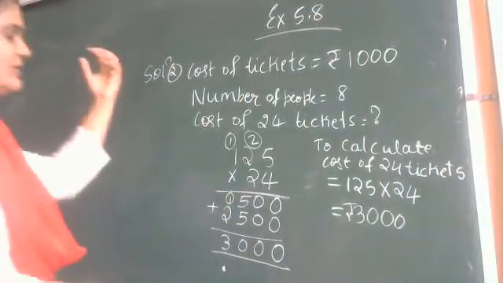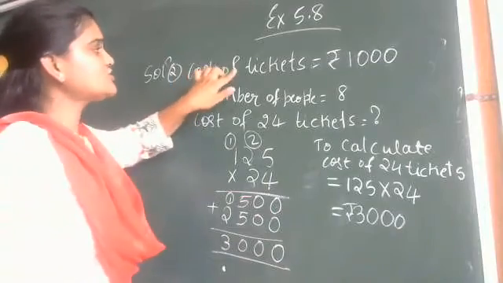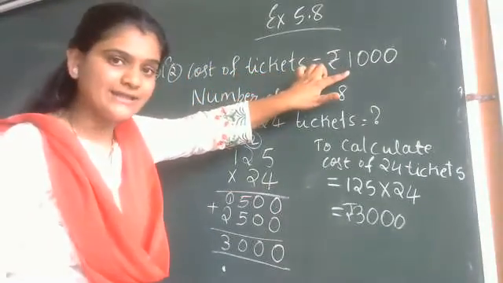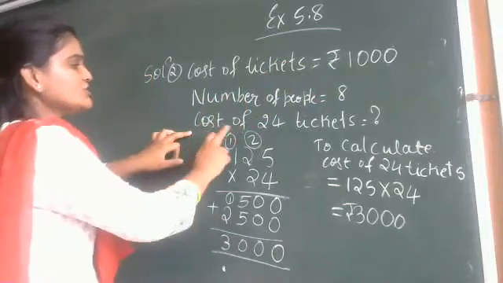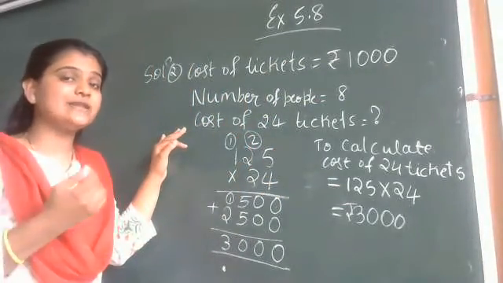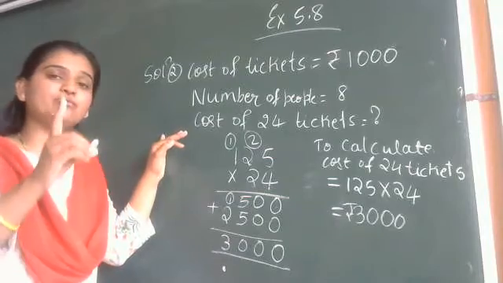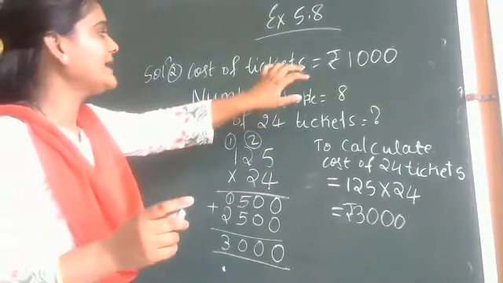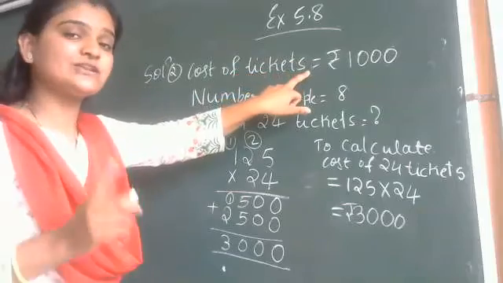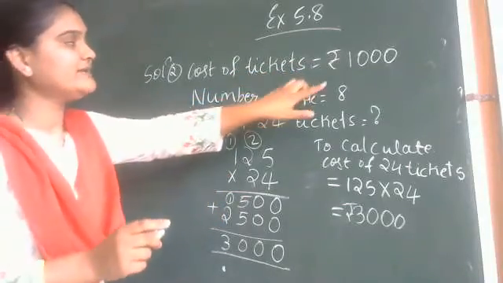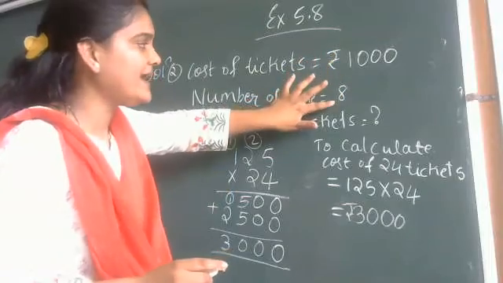See here what we have done. Cost of the tickets for 8 people is 1000. They have asked us to find out the cost of 24 tickets. So let us find out the cost of one ticket. It is number of people and total cost for the 8 people. We have to divide 1000 by 8.